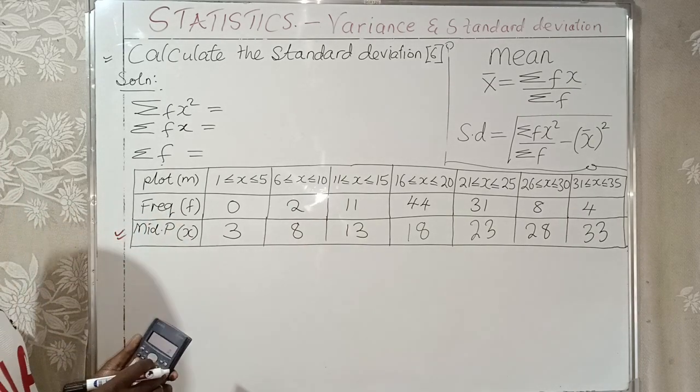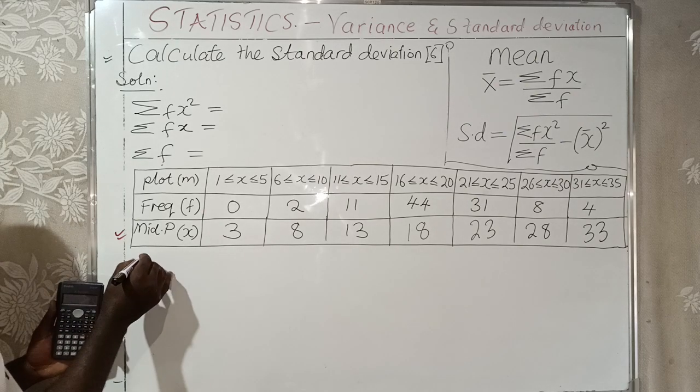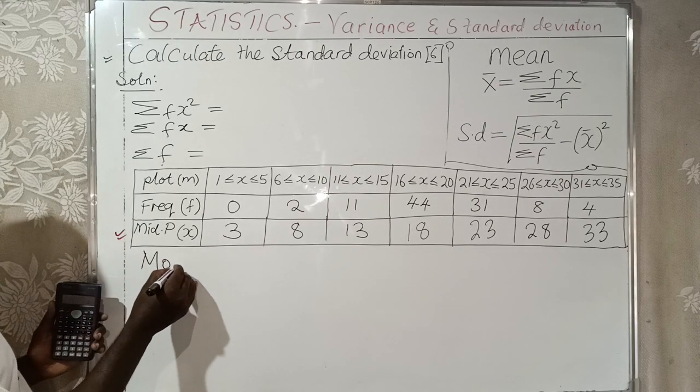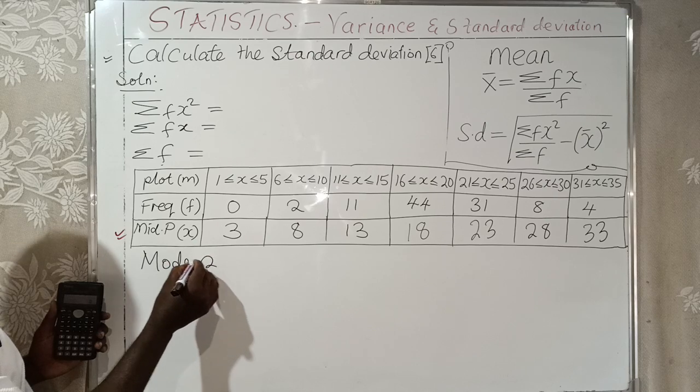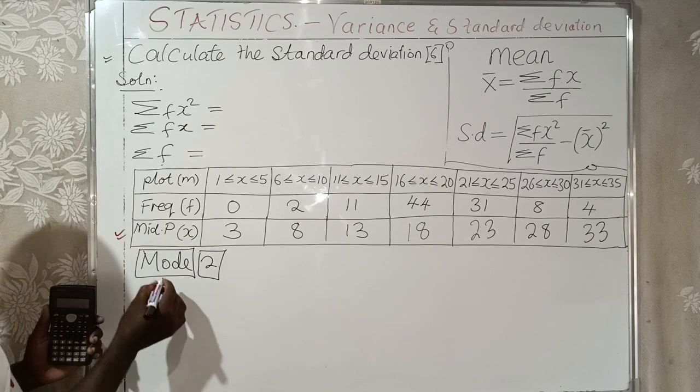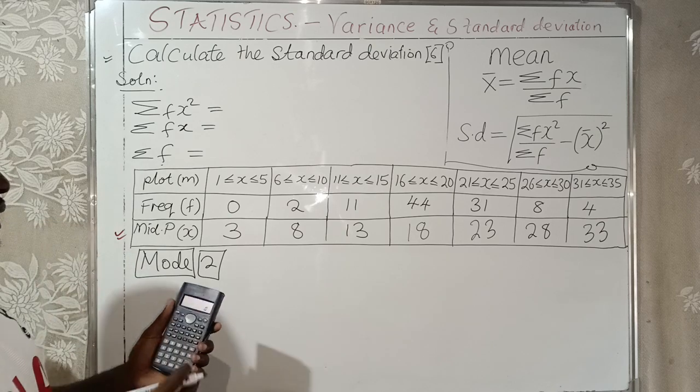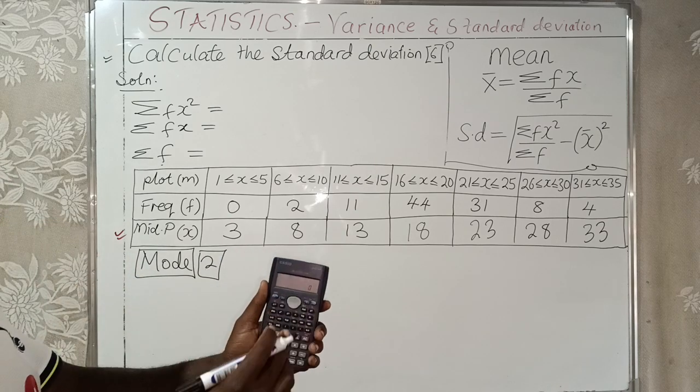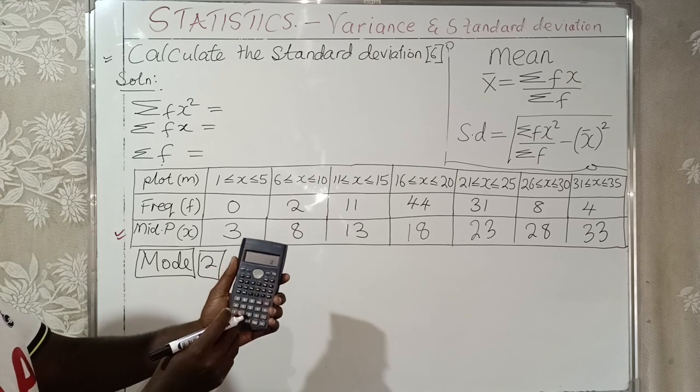So the way you feed your calculator, you say mod 2. On your calculator, there is a key called mod here. So you press mod and you press 2.